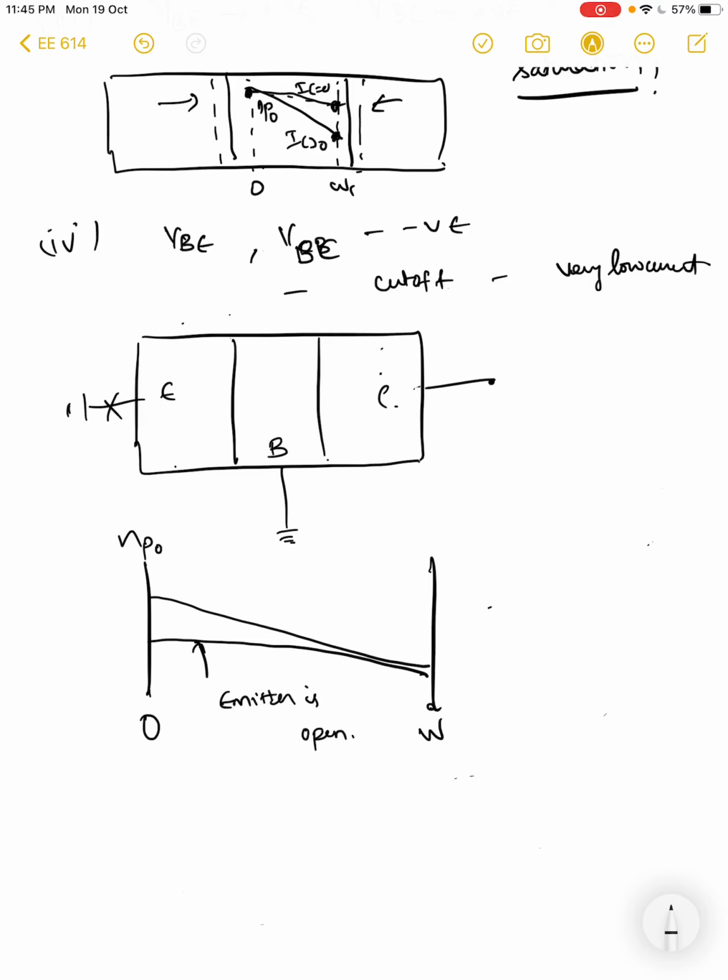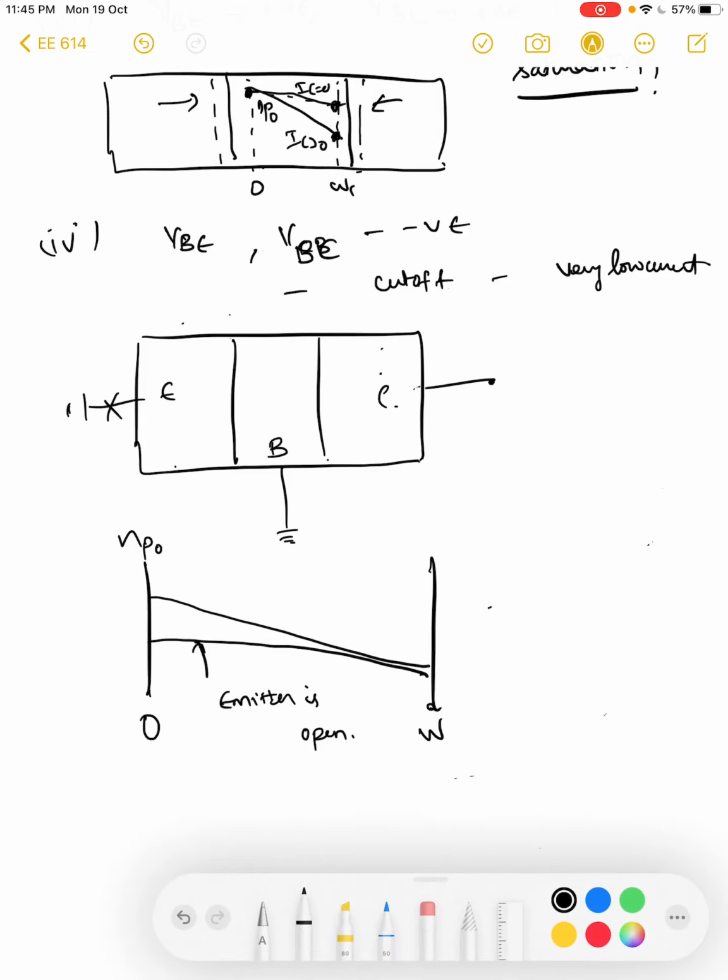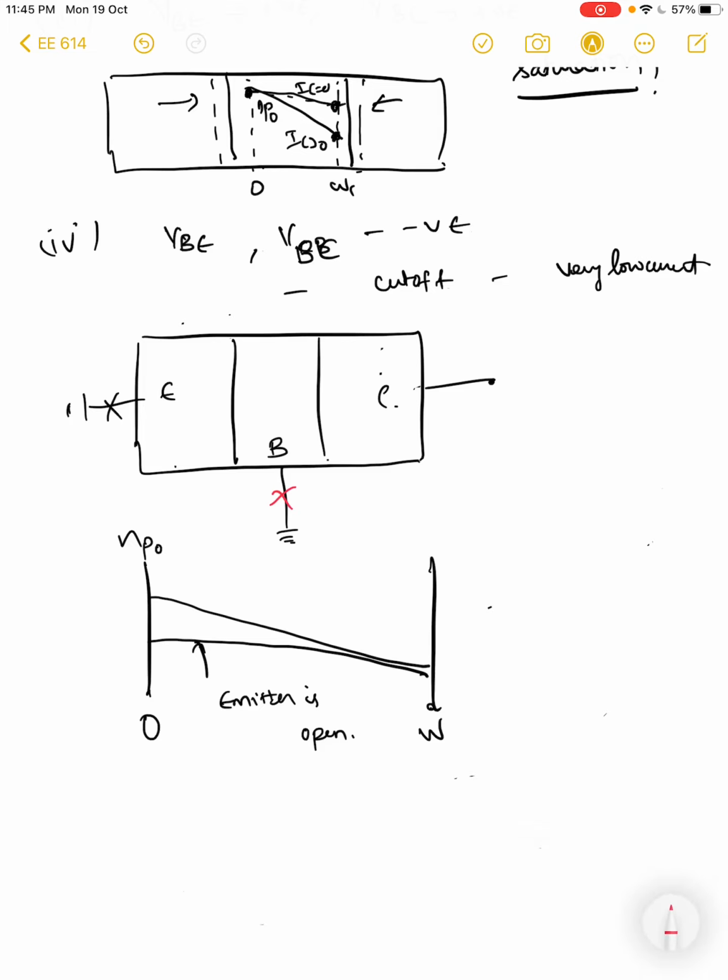The other situation that you can imagine is where the emitter is grounded and the base is open, right? The situation when the base is open. In this situation, you can clearly see that you have reduced the recombination in the base because you do not have any base current, right? And you will have a higher emitter collector current in comparison to the situation where the emitter and base are both grounded or the collector is open.